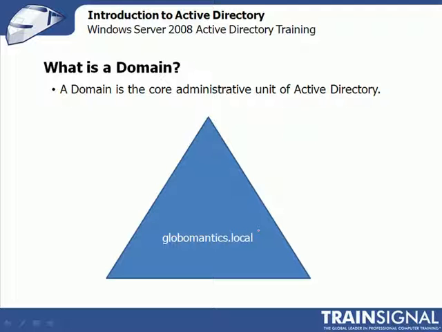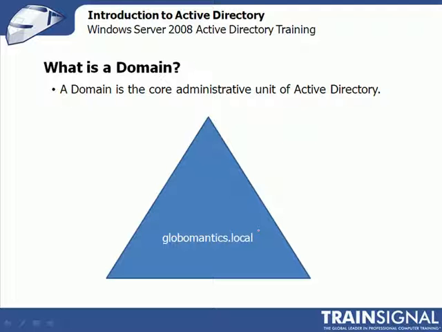But I just want you to have the general idea that when we talk about a domain, it's the core administrative unit of Active Directory. And on the screen, you might be thinking to yourself, why is there this big blue triangle? Well, this big blue triangle is a representation of a domain. The triangle is the universal symbol for a domain.